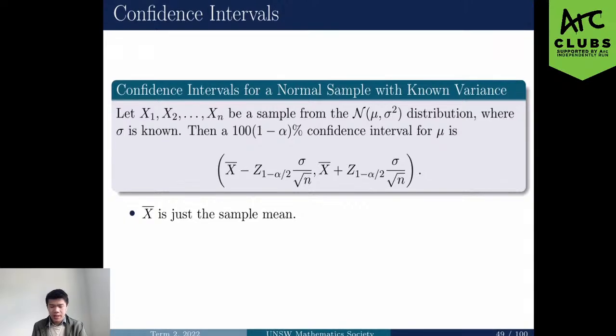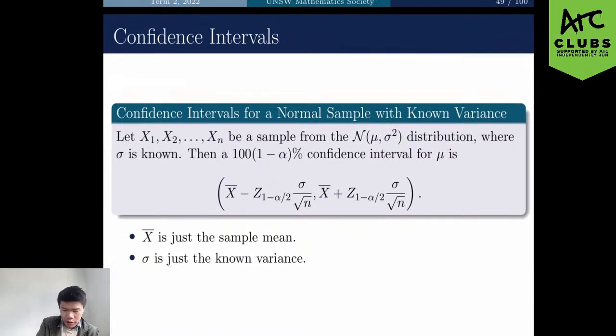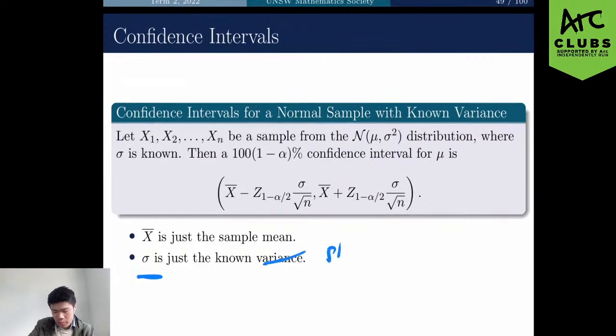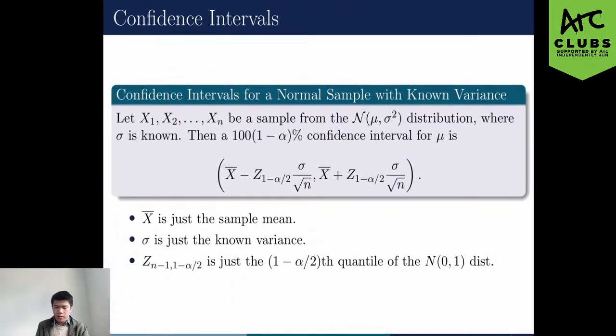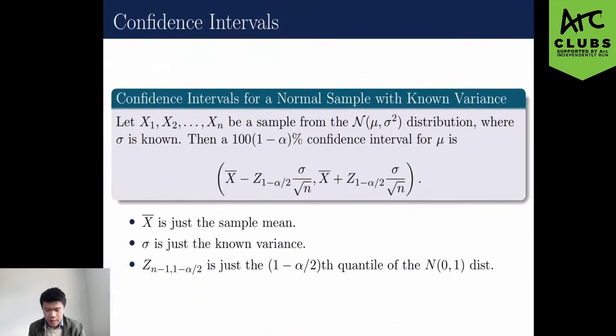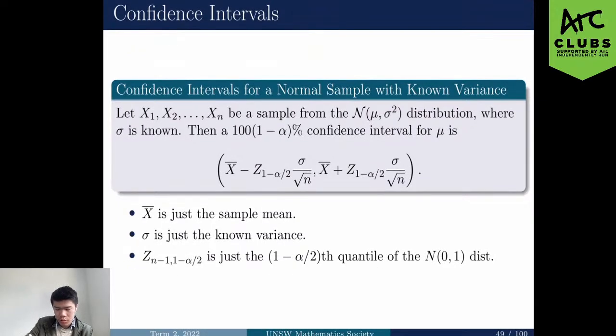Cool. So we'll break it down. This is the sample mean. This is the known, it should be standard deviation. And this, let's just be very clear, is the 1 minus alpha on 2 quantile of the N(0,1) distribution. So what does that mean?